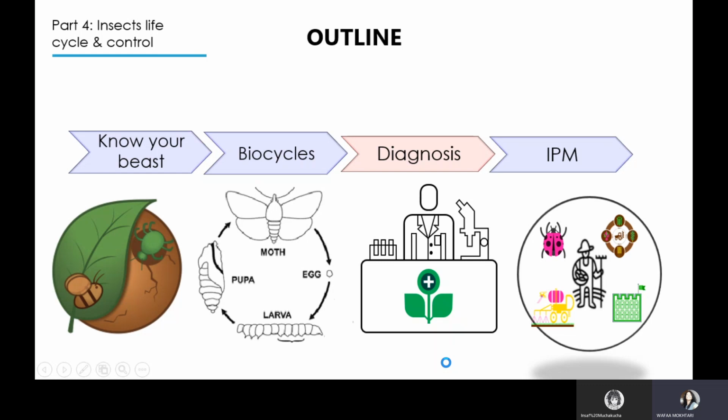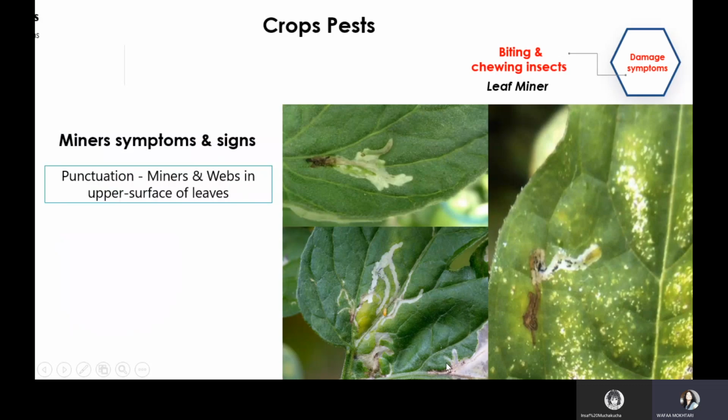So how to diagnose? The symptoms and signs are especially punctures, mines and webs on the upper surface of leaves. So on the upper side of the leaves, for example of tomato or maybe citrus, an orange or whatever, you get those larvae.